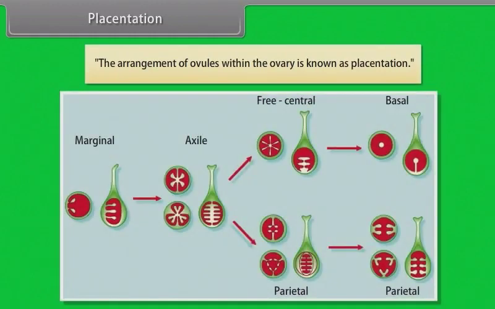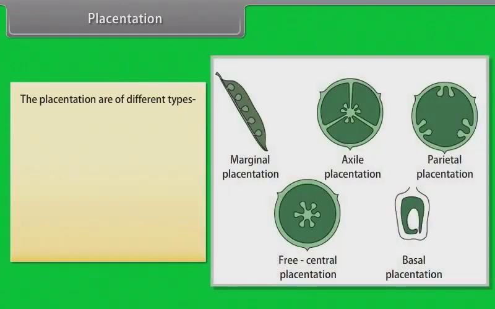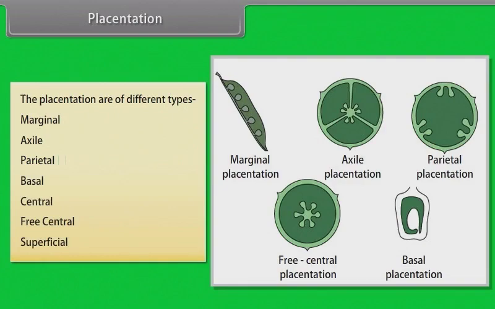Placentation. The arrangement of ovules within the ovary is known as placentation. The placentation are of different types: marginal, axial, parietal, basal, central, free central, superficial.